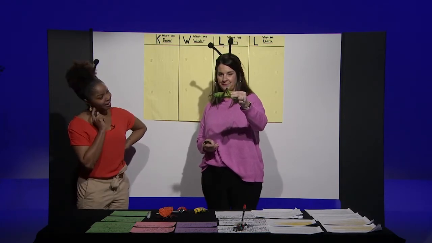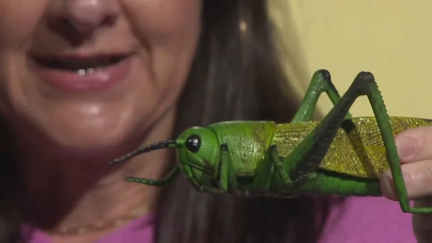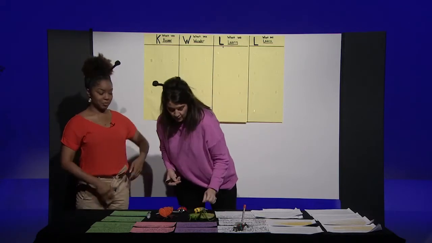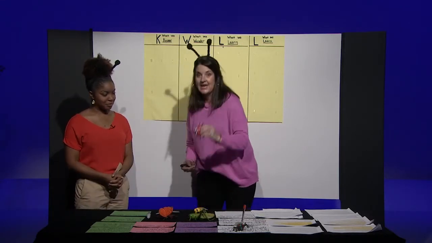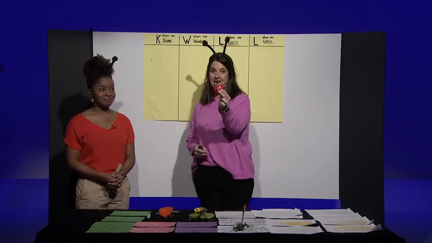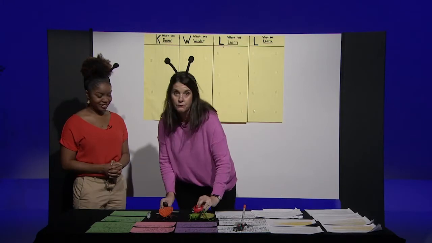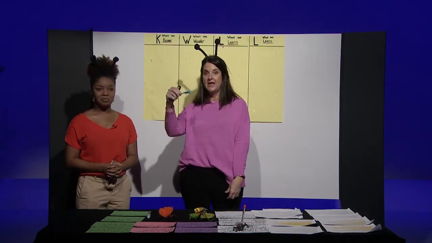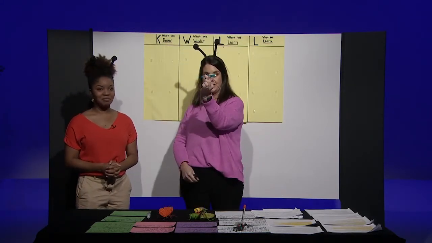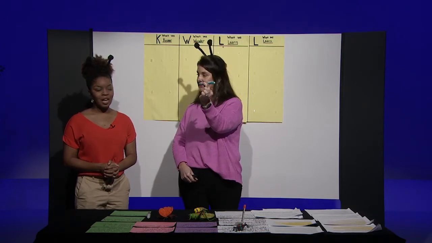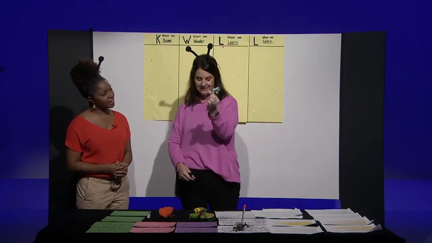Which one is that? That's a grasshopper. What about this insect? I bet you all know this insect. I know that one. That's a ladybug. That's right. We're also going to have a few more insects join us today. This is a beautiful insect. Do you know what it is? I think that's a dragonfly.